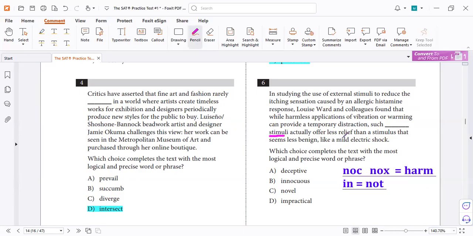So what is described about the stimuli? He said the stimuli offer, and offer is a positive word already. That means you need a positive answer. Sir, but I actually didn't know the meaning of that word, so it was confusing.